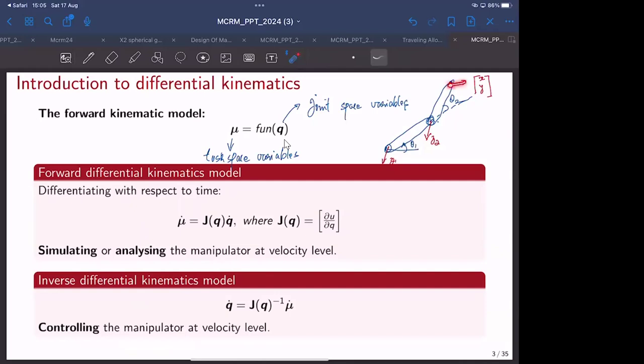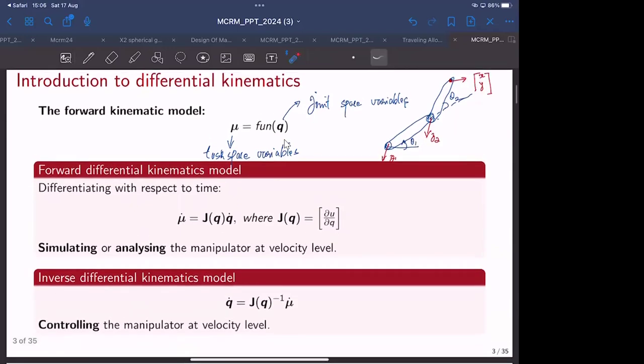And the task space variables are the Cartesian position coordinates, as well as orientation coordinates, for the end effector point. Until now, we have covered the geometrical modeling, which maps the joint variables to the task variables in one direction or the opposite direction. We call these problems forward kinematics and inverse kinematics.